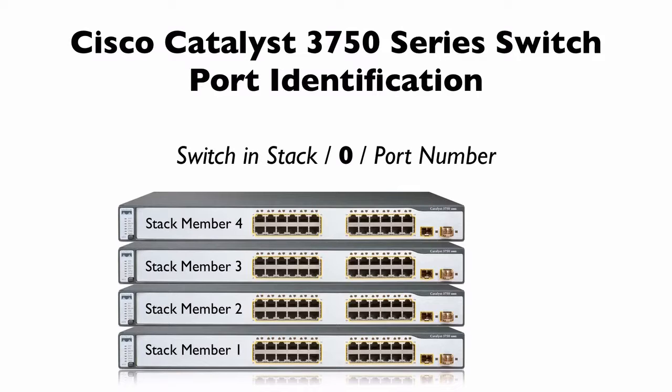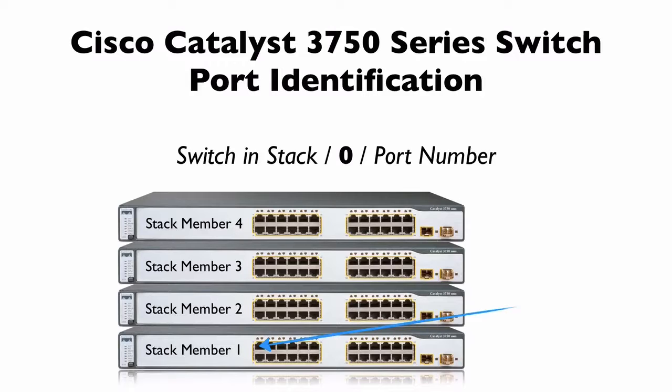And the ports are conveniently numbered for us on the front of the switch, so it's easy to determine which port is which. And the numbering starts at 1. As we look at the front of the Cisco Catalyst 3750 series switch, the port in the upper left-hand corner is port number 1. And based on our port numbering format, let's think about what this port number would be. It's stack member 1.